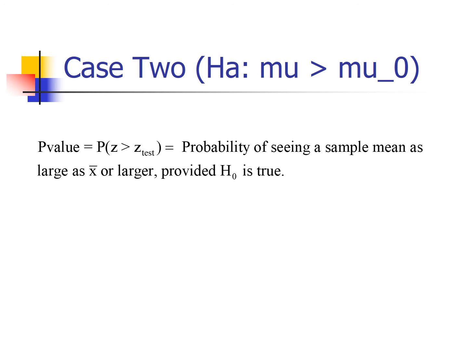Our p-value is the probability that z is greater than z-test. Again, notice, the greater than signs match up. My alternative hypothesis is that mu is greater, and my p-value is the probability that z is greater. This is essentially the probability of seeing a sample mean as large as the observed sample mean or larger, provided the null hypothesis is true.